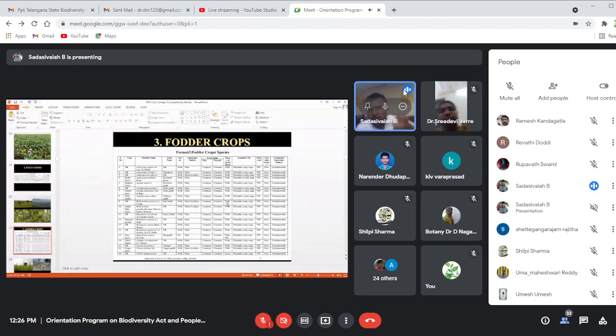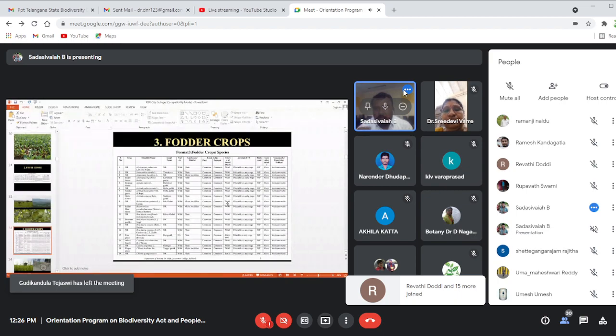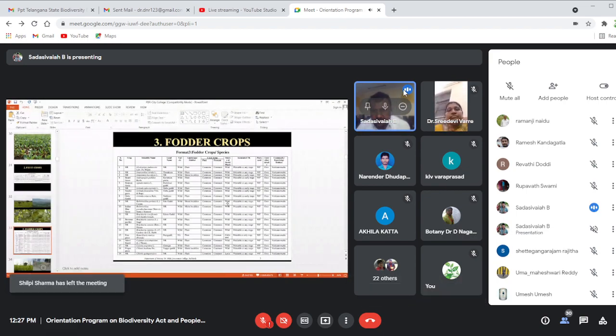You can record all these things. Some of our farmers go to the forest and collect grasses for our cattle. Then again the same thing, the present and past status.